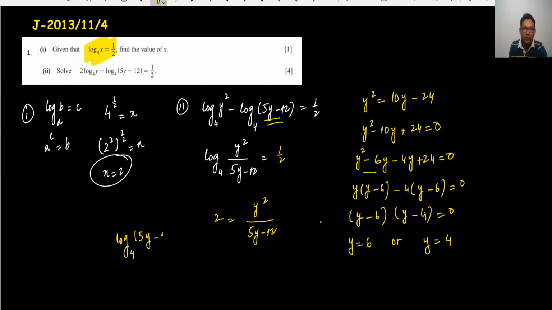I have to put the values y 6 and y 4, and this should not be negative. So let's check. If I substitute 6 here, 6 times 5 is 30, which is positive, and when I substitute 4, 4 times 5 is 20 and it's coming positive. So both are accepted, and we have done question number 4 from variant 1, paper 1, 2013.